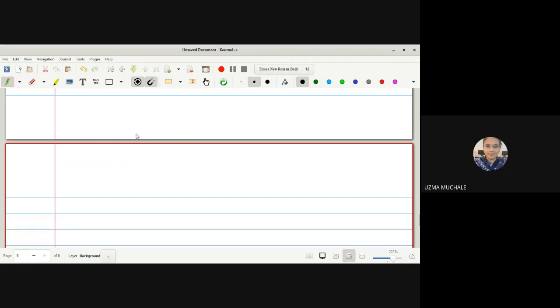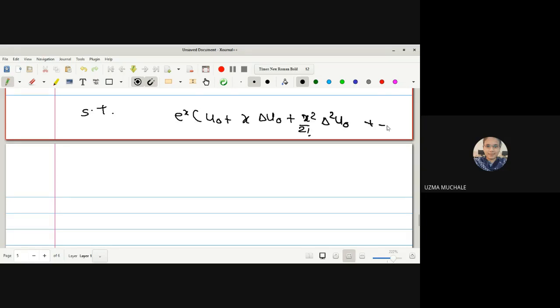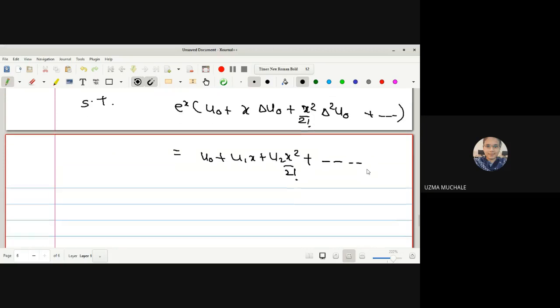Let us go for the next one. Show that e raised to x Δ u_0 equals u_0 plus x Δ u_0 plus x squared by 2 factorial Δ² u_0, and so on, which is equal to u_0 plus u_1 x plus u_2 x squared by 2 factorial plus up to so on. It is very easy to prove.